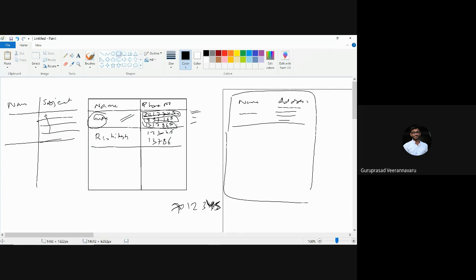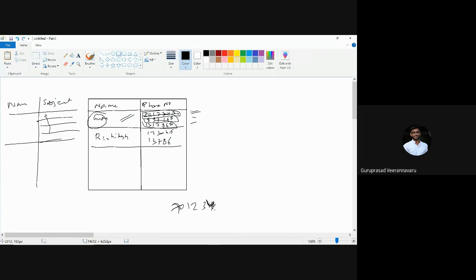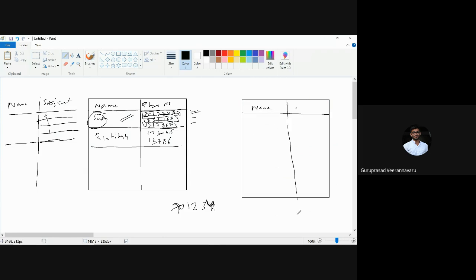So we'll have a name and then a phone number, and for the same person you have 1, 2, 3 as one phone number, 7, 8 as another, and 1, 4, 5, 6 as another.